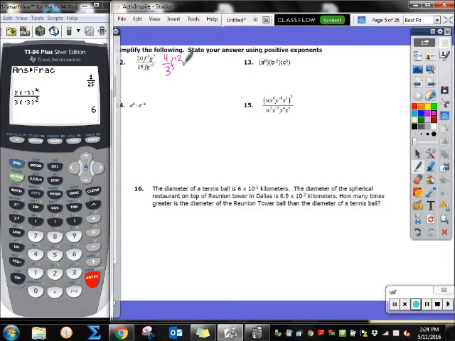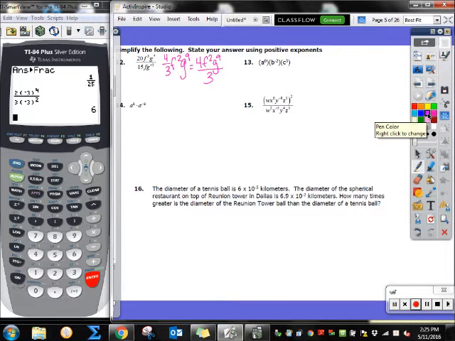That's going to be g to the 7 minus -2. So that's actually going to be g to the 9th power. Now, the way that the answer is written is perfectly acceptable, but you also need to know that that f squared g to the 9th can also be on top with the 3. So you could also write your answer 3f squared g to the 9th divided by 4. Both of those answers are completely acceptable.